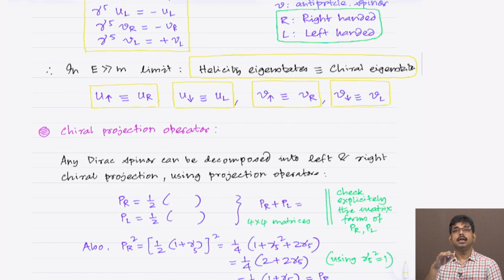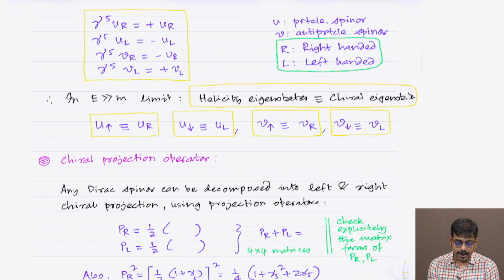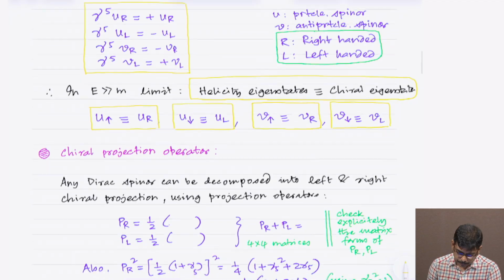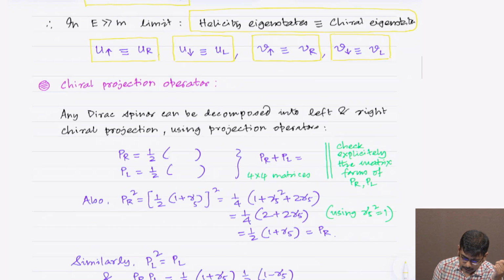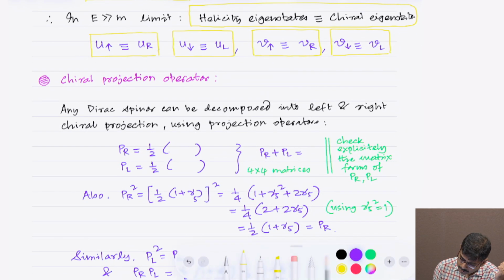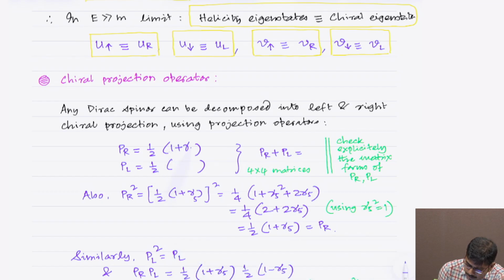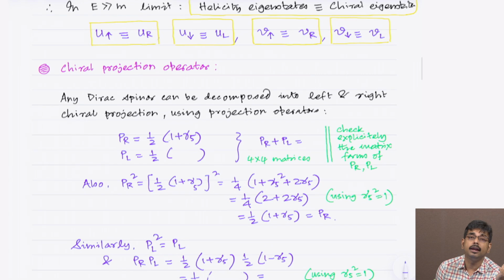Now, how do I essentially define? So, this definition is good, the way that we have defined UR, UL, VR and VL as eigenstates of gamma 5, but can I obtain this using some chiral projection operators, and this is what I am going to define now. Suppose I define PR equal to half into 1 plus gamma 5 as a projection operator, and PL as half into 1 minus gamma 5, so that PR plus PL is actually equal to 1.